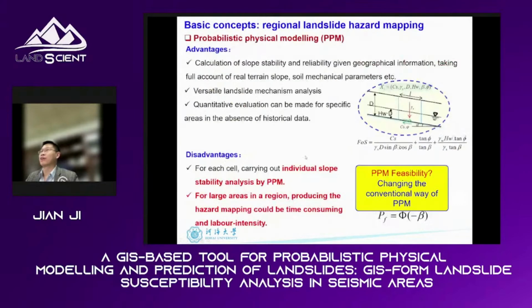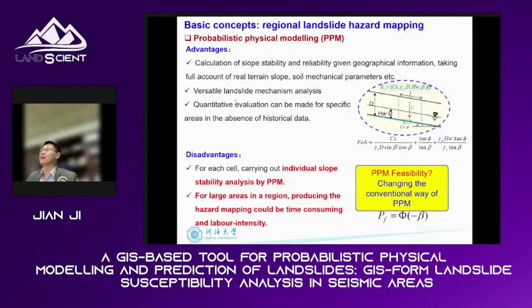So for physical modeling, we can fully consider the slope stability model, given the geographical information, and we can take full account of real slope information and also the soil mechanical properties.